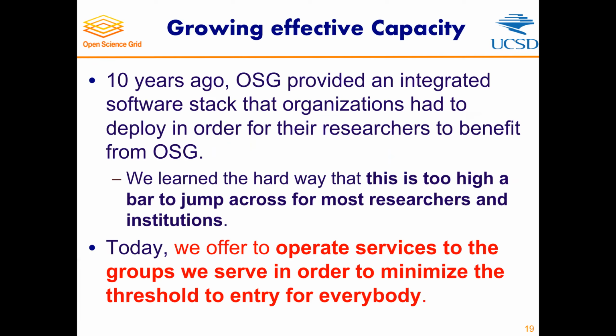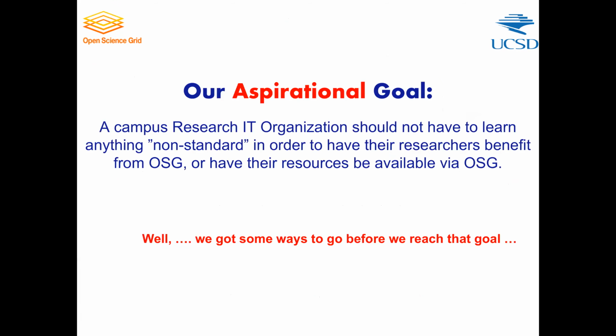A, we eat our own dog food, and B, we can negotiate with anybody who comes: what should we operate for you, and what are you willing to operate yourself, and integrate you into the larger context in a collaboration where we run some services, you may run some, or we may run all the services.